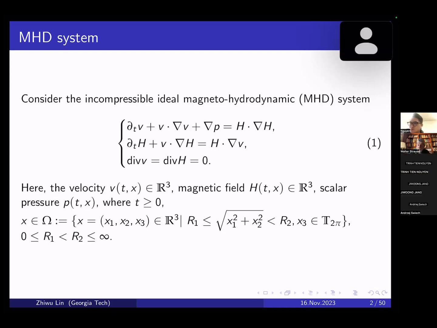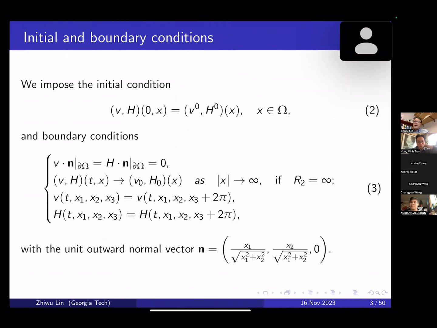For the vertical direction, we assume it is periodic, and we choose the period to be 2 pi. So this is the domain. For the ideal MHD model, the standard boundary conditions are that the normal velocity and the normal component of the magnetic field should be equal to 0 on the boundary.